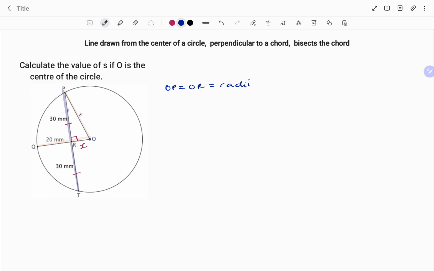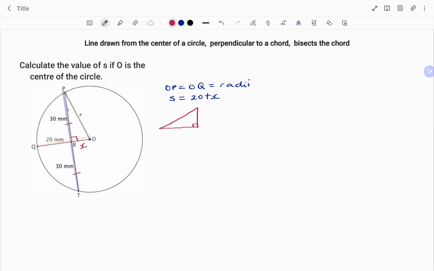Therefore, the line OP, which is S, is equal to the line OQ. I'm going to correct that. That's line OQ, that is 20 plus X. So therefore, if I use the triangle OPR, I'm going to draw a rough sketch.